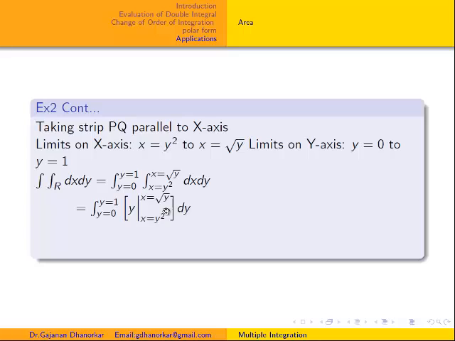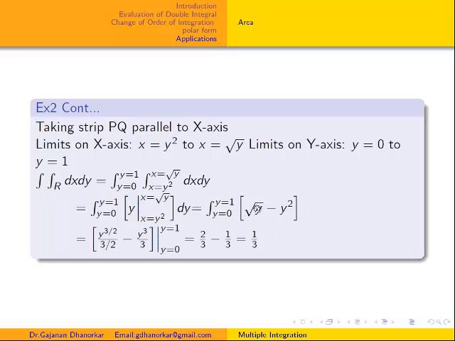Integration of dx is x, between the upper limit minus the lower limit, which is root y minus y square, into dy. We integrate this: y raised to 3 by 2 divided by 3 by 2, minus y cube divided by 3, with limits 0 to 1. Solving this, we get the answer as 1 by 3.